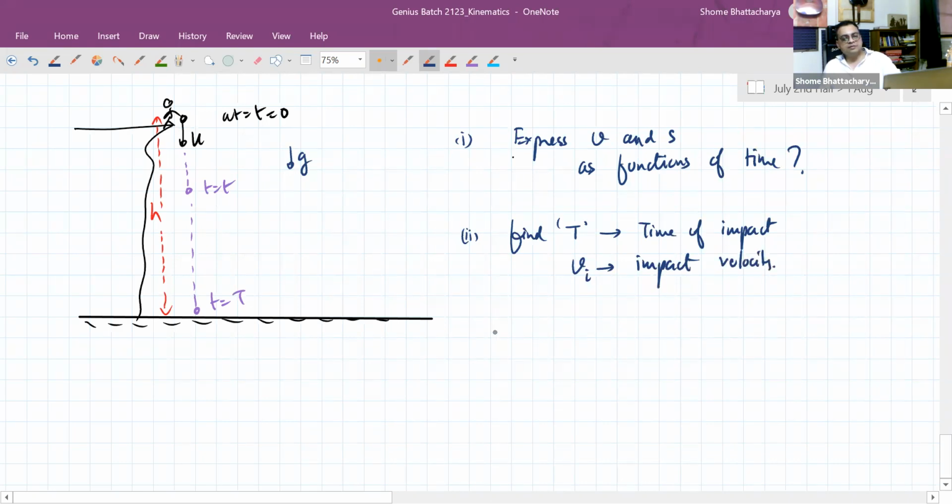Okay. Now for this example, we will take the value of u as, let us say, 20 meters per second. And we will take the value of G, of course, as 10 meters per second square. Okay, so we will take H as 300 meters.